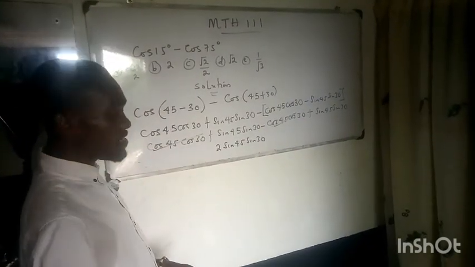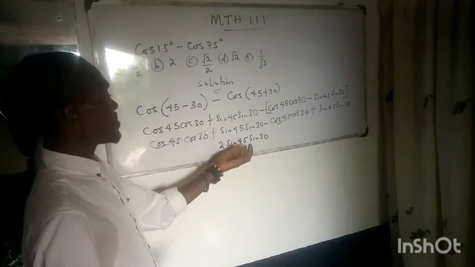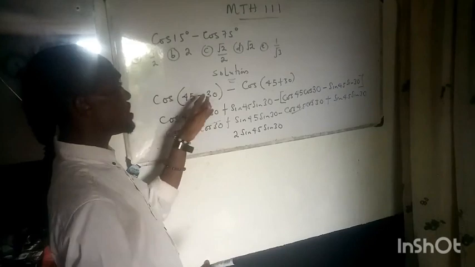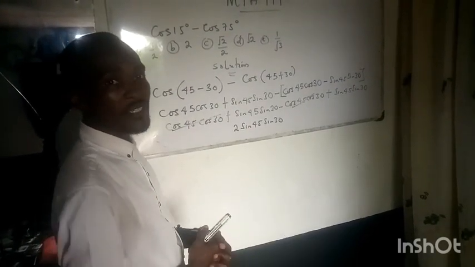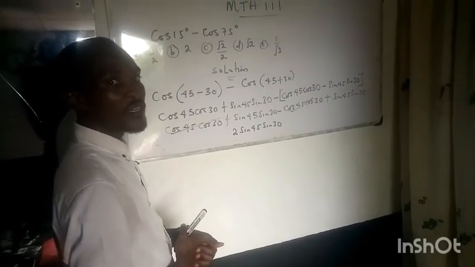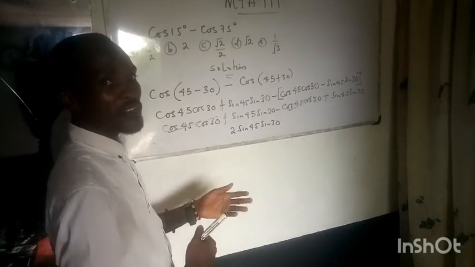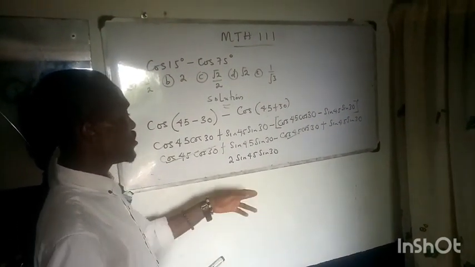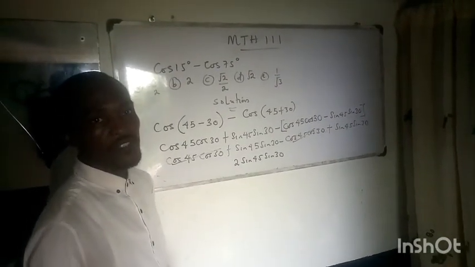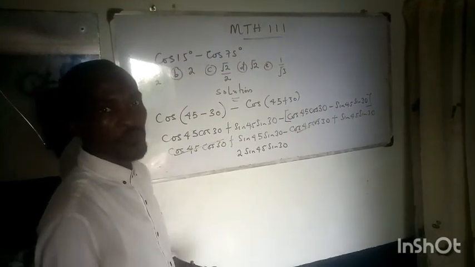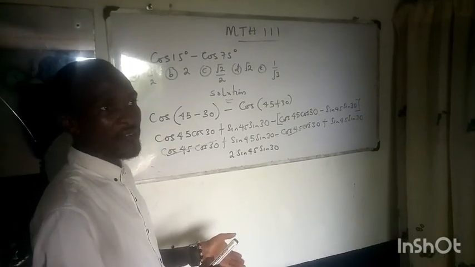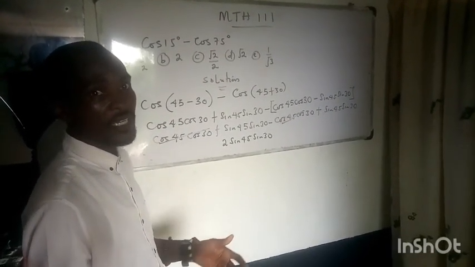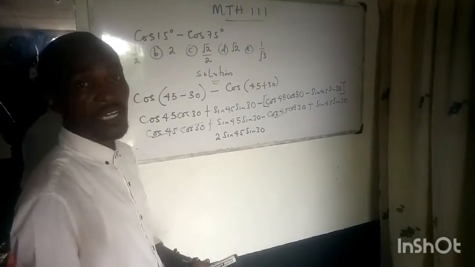Now, this is our simplified expression when we expanded using the compound angle for cos A plus B and cos A minus B. So what I am now going to do is rewrite sine 45 in terms of a rational or an irrational number, because this is a special angle.